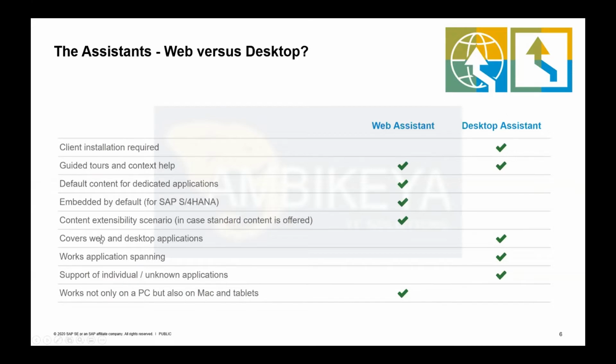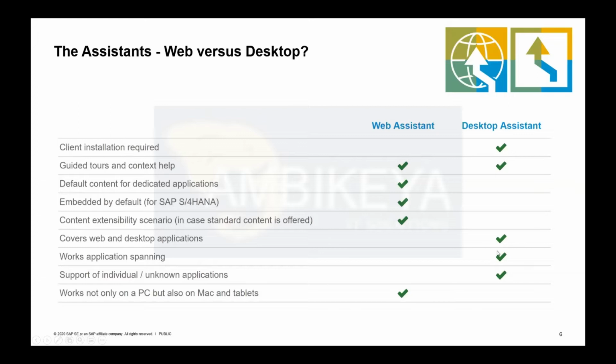Now comes the misunderstandable part. The desktop assistant is covering both web and desktop applications. That's true, and that's the misleading portion. It works application-spanning. It works coming from SAP GUI to Excel to wherever and back in one run. So application-spanning guided tours can be created, very complex ones.